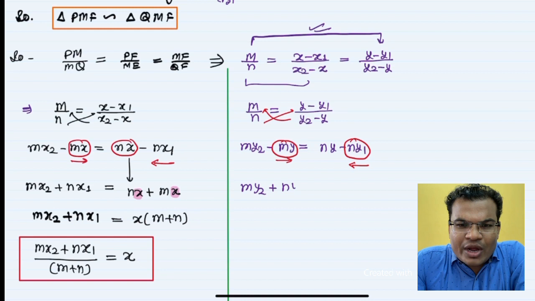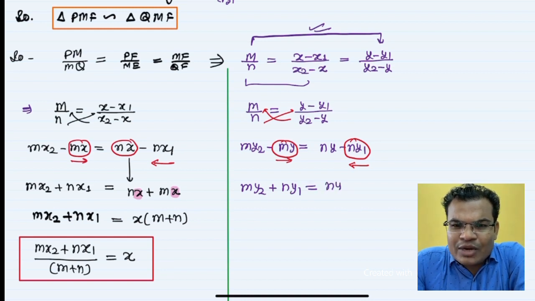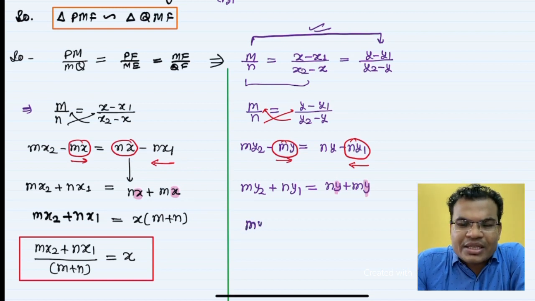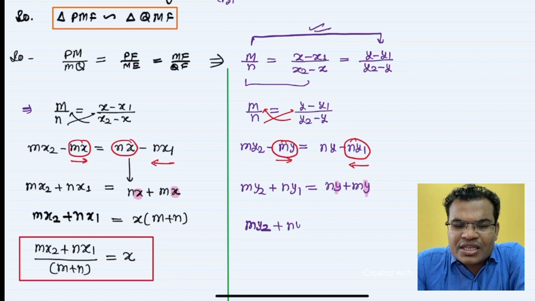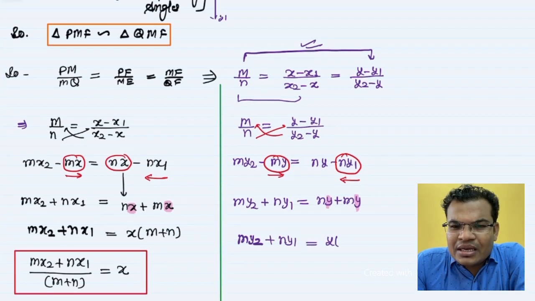my2 plus ny1 is equal to ny plus my. Again no change on the left hand side, I'm writing my2 plus ny1. On the right hand side y is common, so we take y common: y times (m plus n) in the bracket.